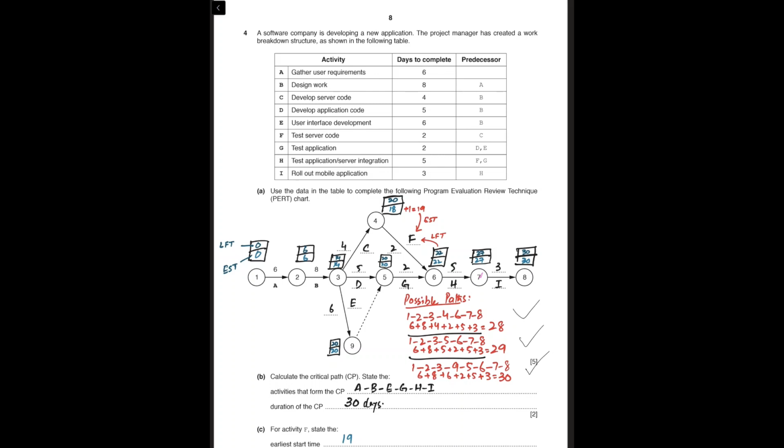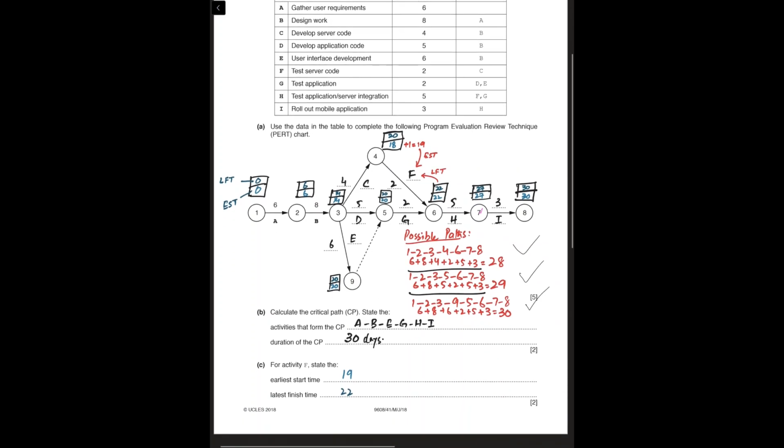So it is a good idea in the exam to put both the activities on the critical path as well as the nodes on the critical path. The activities that form the critical path are A, B, E, G, H and I, and the duration of the critical path is 30 days.